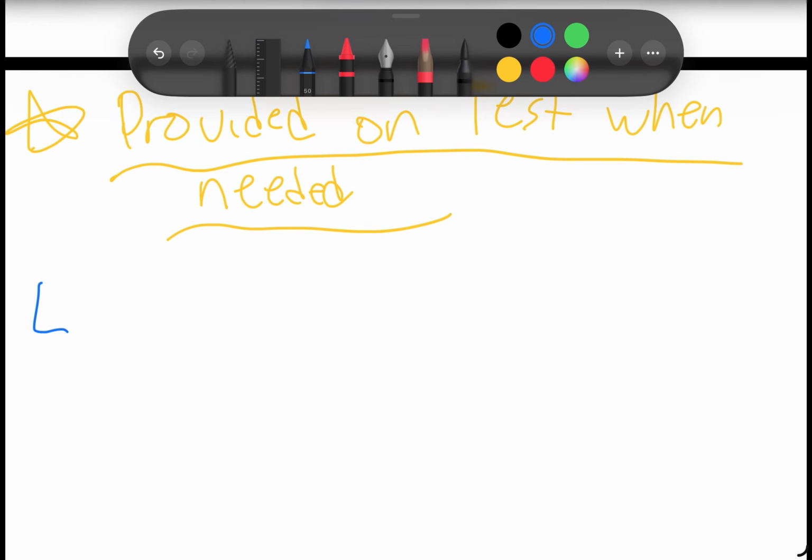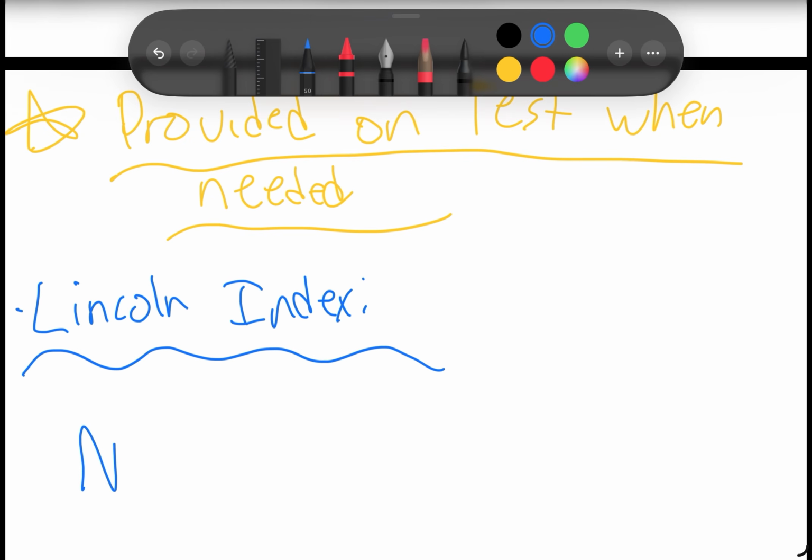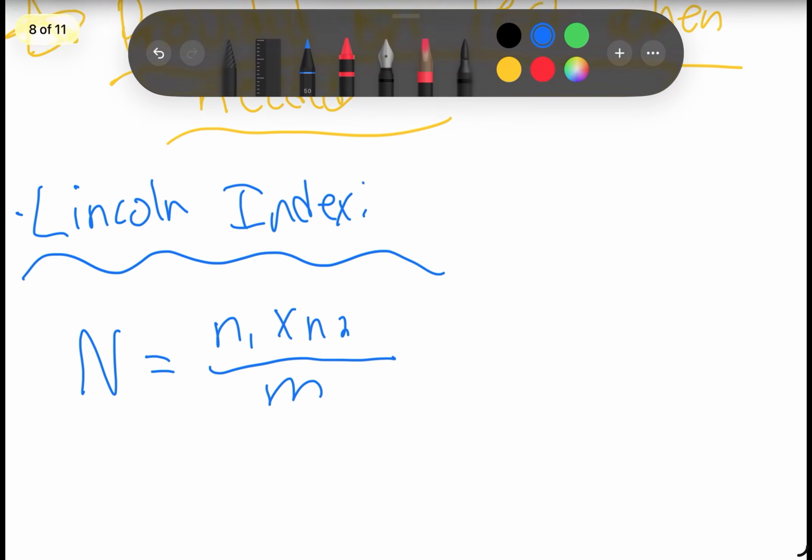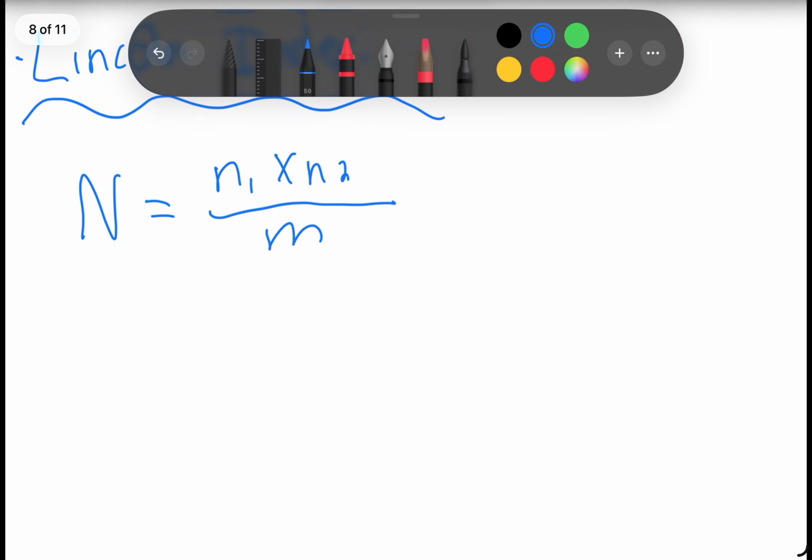So Lincoln index is capital N equals N1 times N2 over M. Now you are going to need to know how to use them, and it will give you this too. So big N is the total population size.